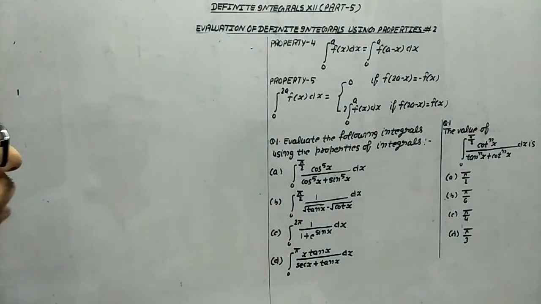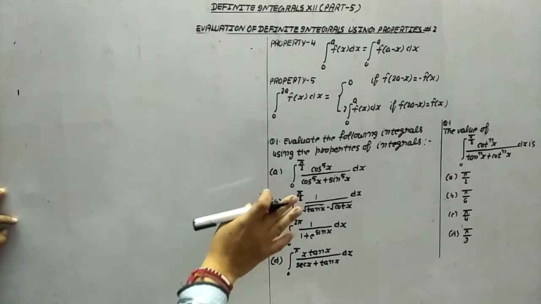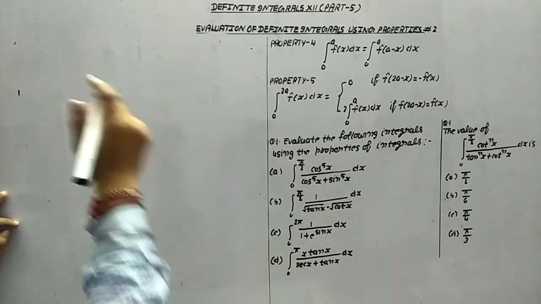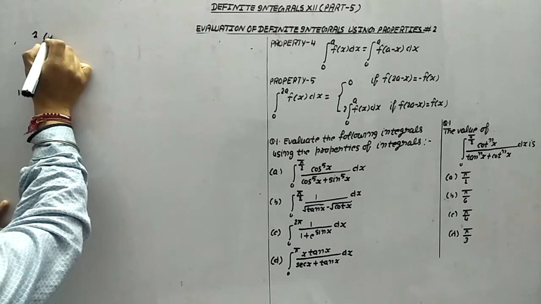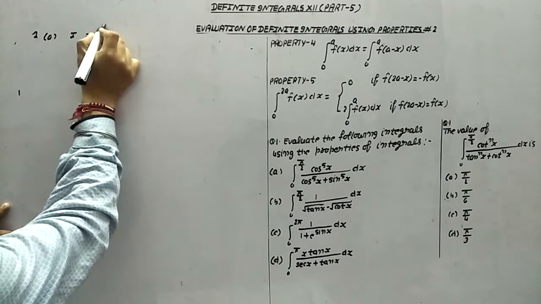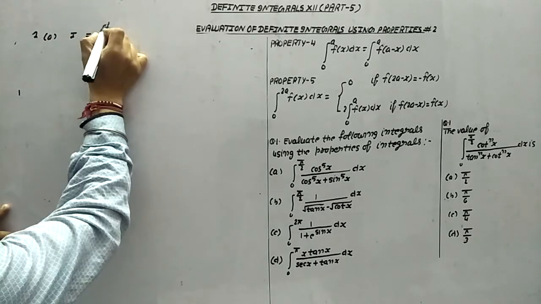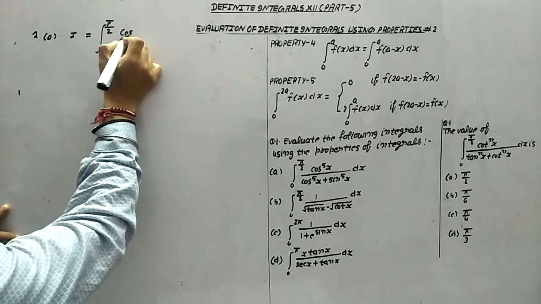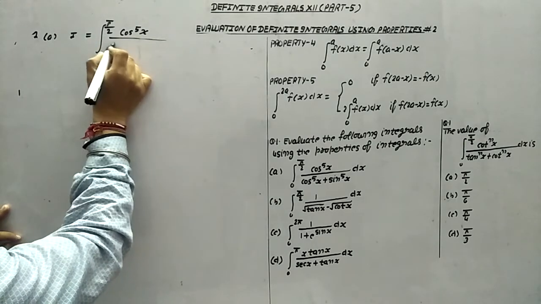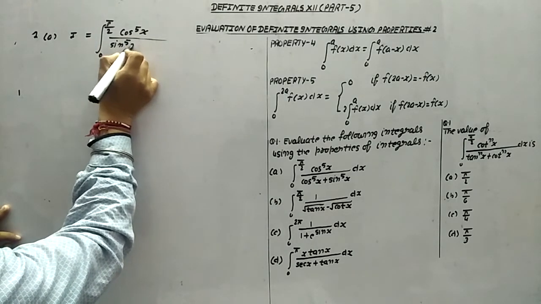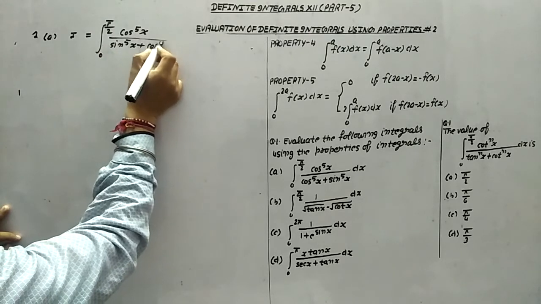Look at this. In question number 1, we have to evaluate the following integrals using the properties of definite integrals. In the first question, part A, we have I is equal to integration 0 to pi by 2 of cos^5 x upon sin^5 x plus cos^5 x dx.